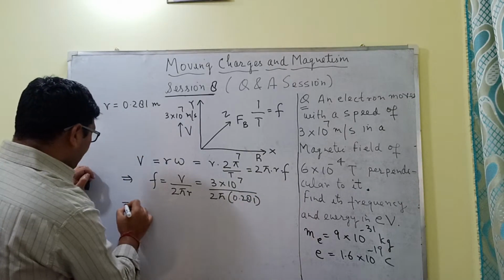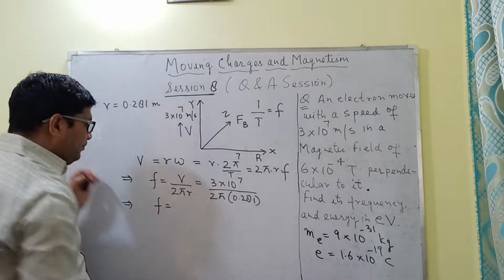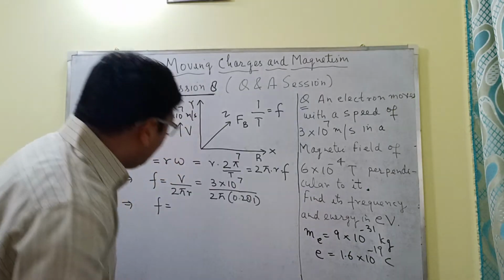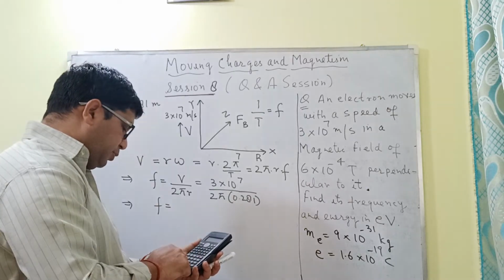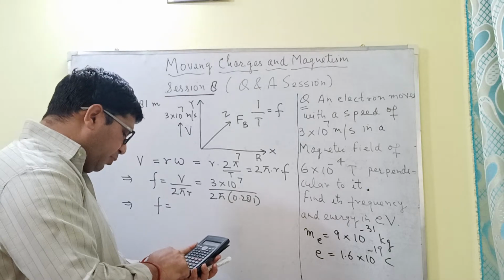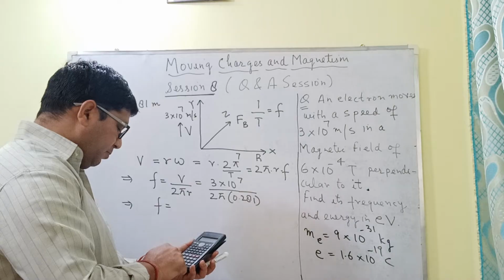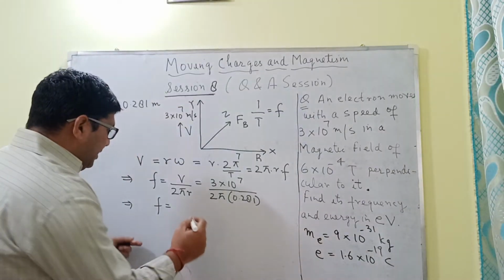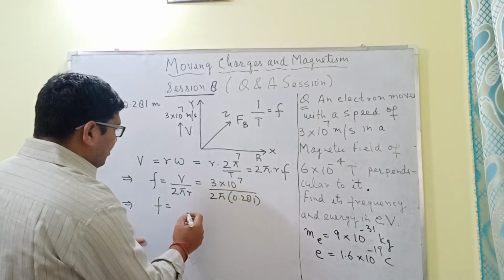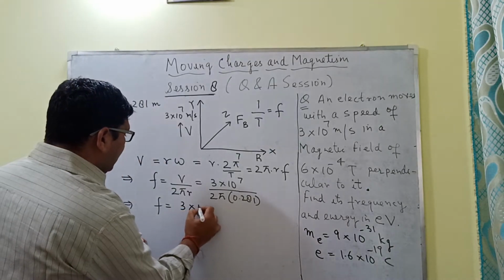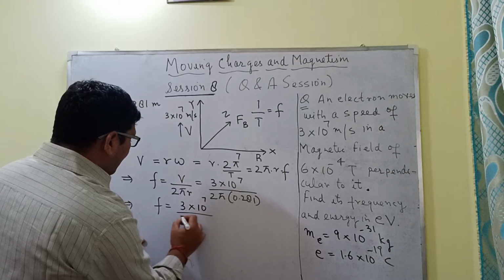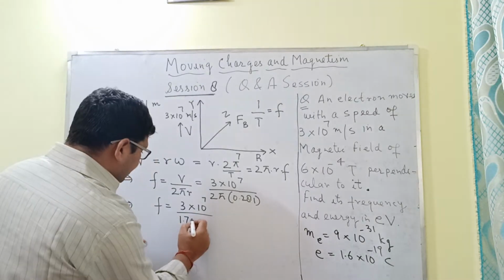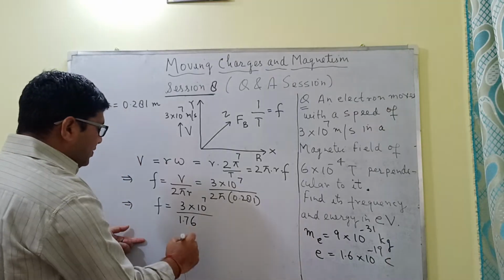So now F will be equal to 3 into 10 to the power 7 divided by 2 pi, I'm taking the value of pi as 3.14, into 0.281. So the denominator is equal to 1.764. Okay, I'm just taking it as 1.76.